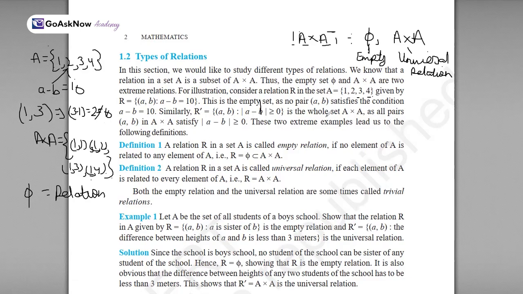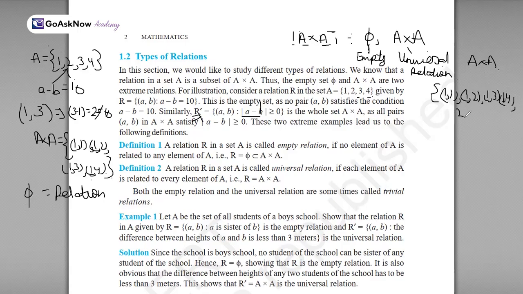And if I define another relation R dash, which is given here in your book, R dash equal to (a, b) where mod of a minus b is greater than or equal to 0. See, here you have A cross A. In A cross A, you have 1, 1, 1, 2, 1, 3, 1, 4, and so on.